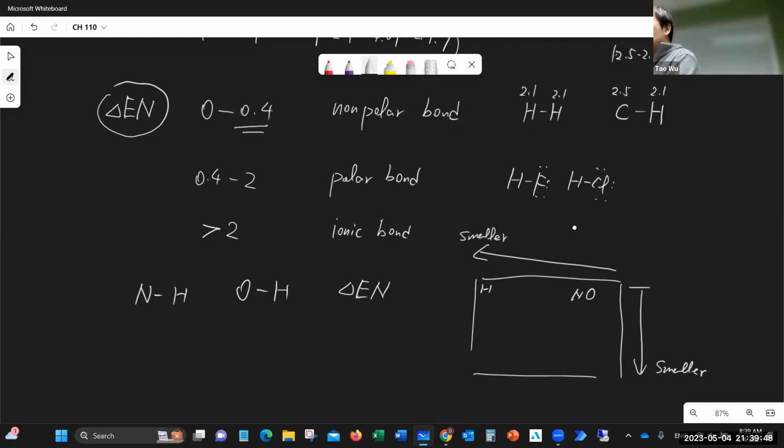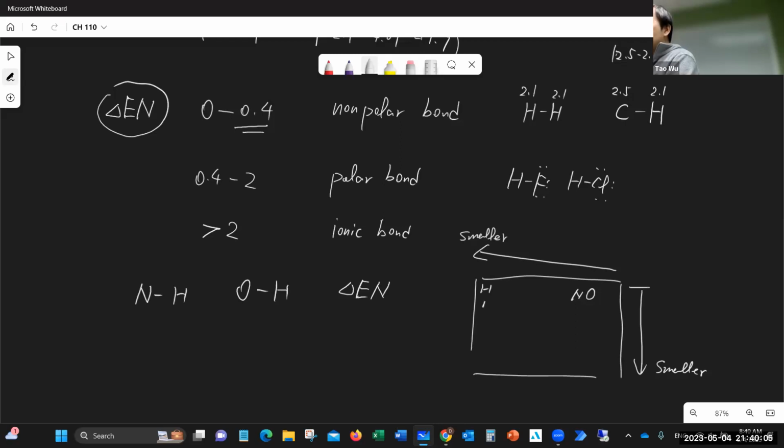So what do you think? What is the difference? If you're talking about electronegativity, hydrogen has a fixed value. If you're not sure how to do this, then at least you can make up some numbers, right?